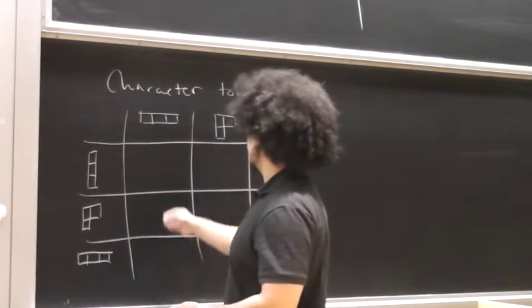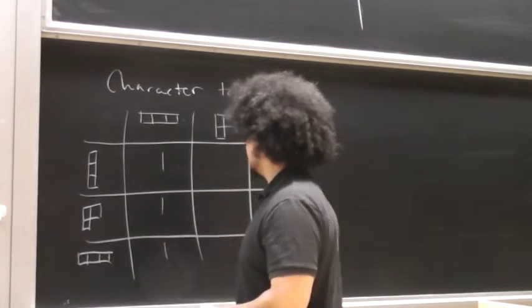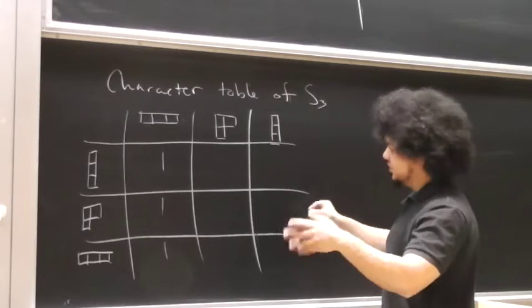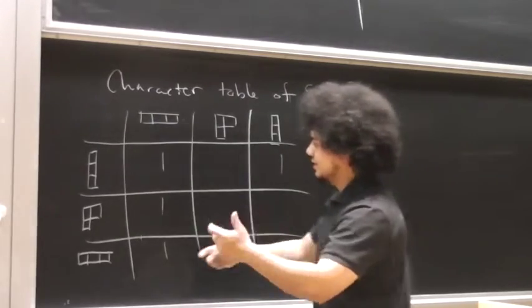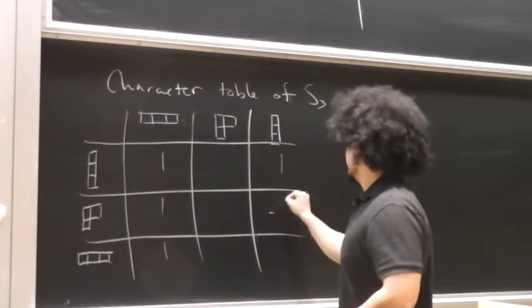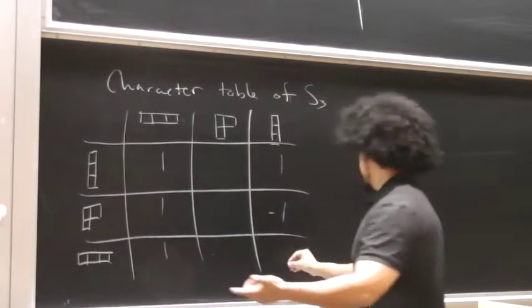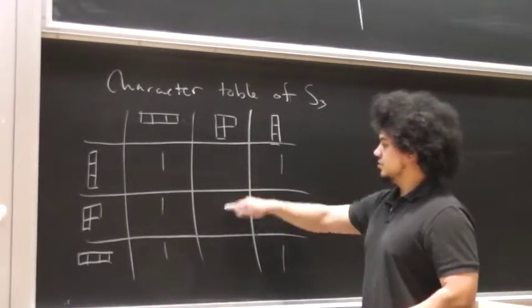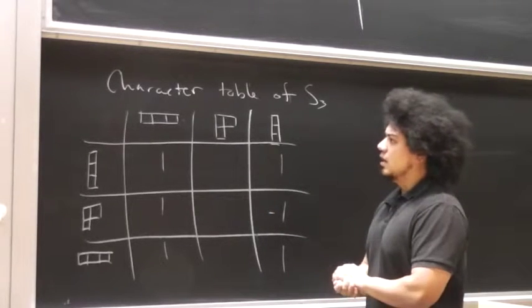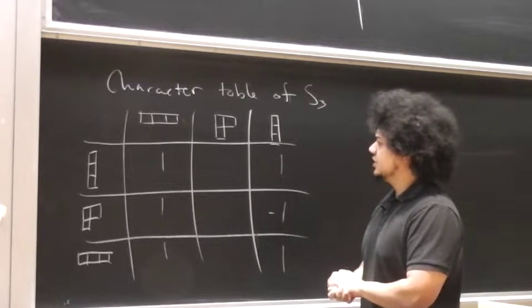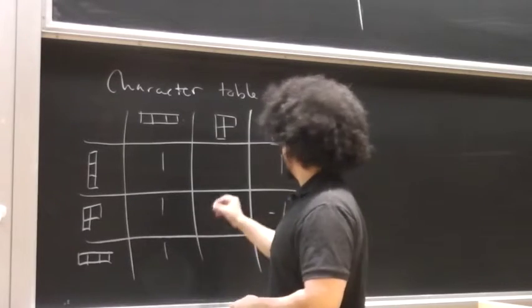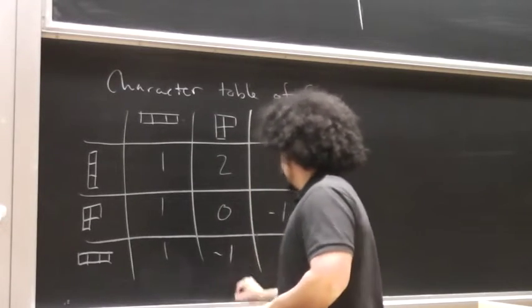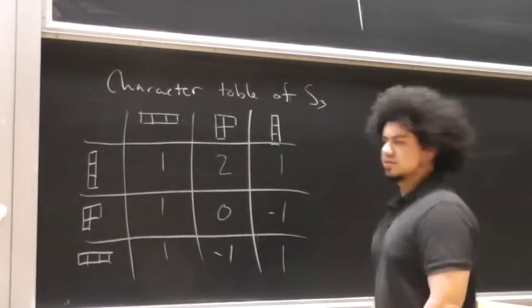And this is just going to be trivial. The trivial is all one-dimensional. This one will be the sign representation, so it assigns the sign of the permutation. So this is a transposition. This is a product of 2 transpositions. And then this one is the so-called standard representation that happens to have these as the characters. Okay.